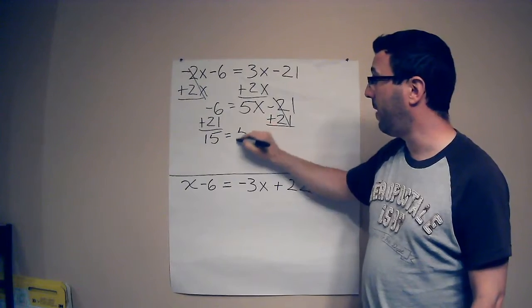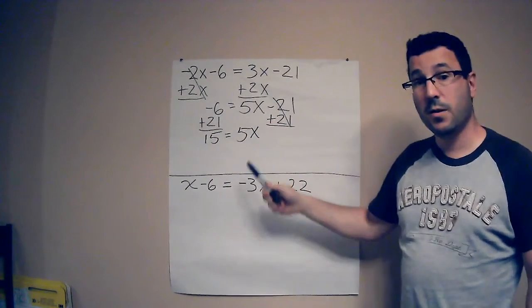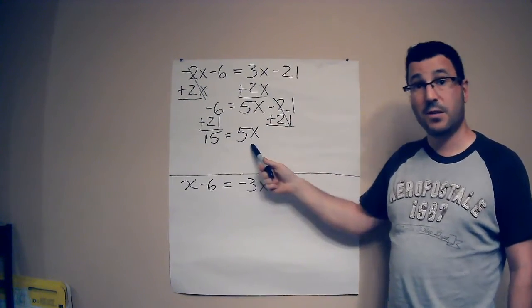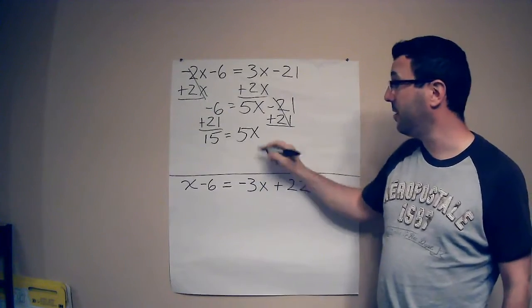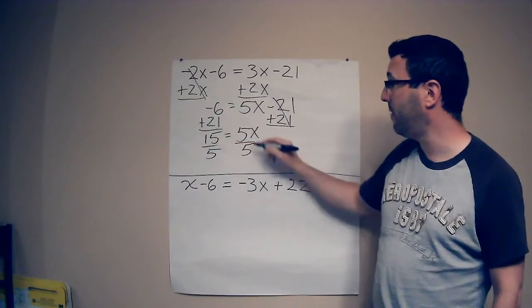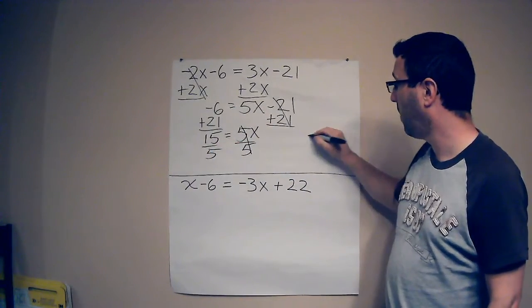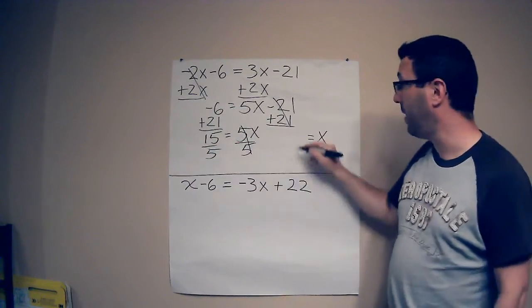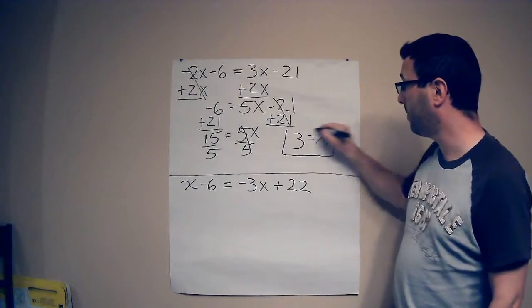Bring down the 5x. Now we just have to get rid of that 5. Since it's multiplying, the opposite is division. Divide by 5, divide by 5. 15 divided by 5 is 3.